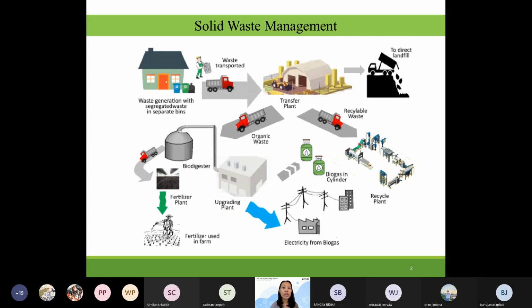And after we throw waste away, it becomes waste, right? And then the next process is collection and transportation. After transportation, sometimes they operate a plant for separation and processing before transfer to incineration or landfill sites, right?